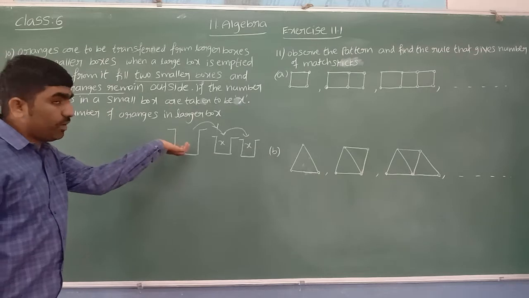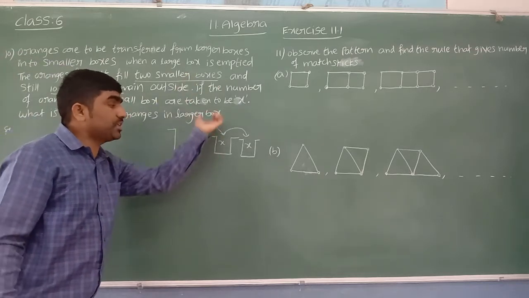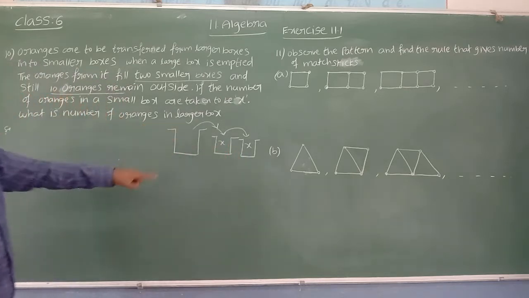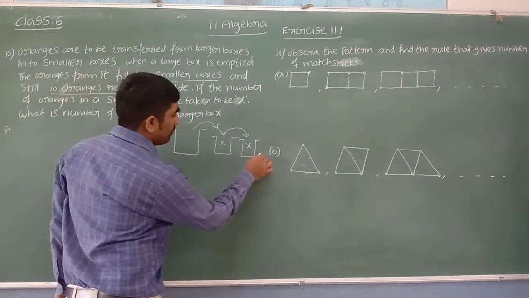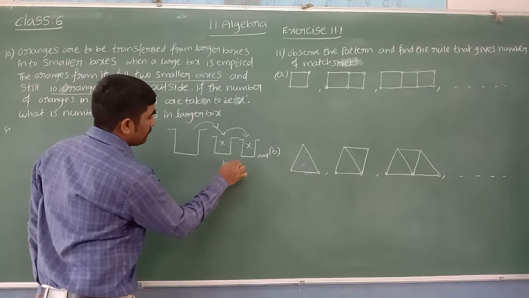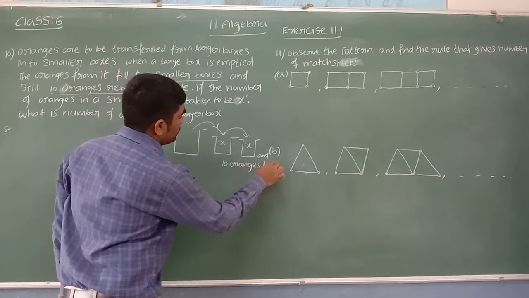So all the oranges in the larger box are filled into two smaller boxes by keeping x oranges in each box, and also they said 10 oranges are left. You can write here: and 10 oranges left.